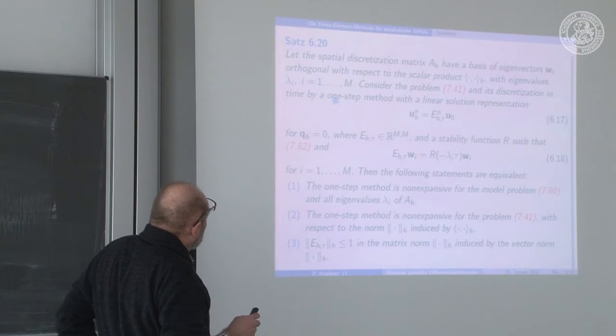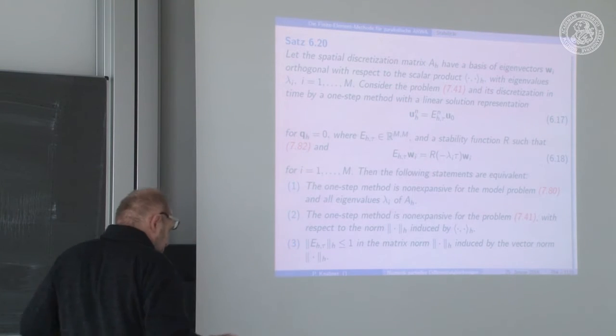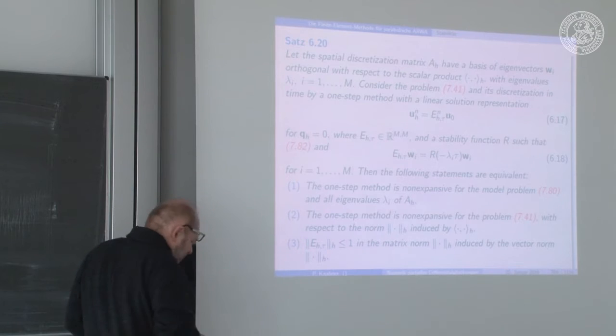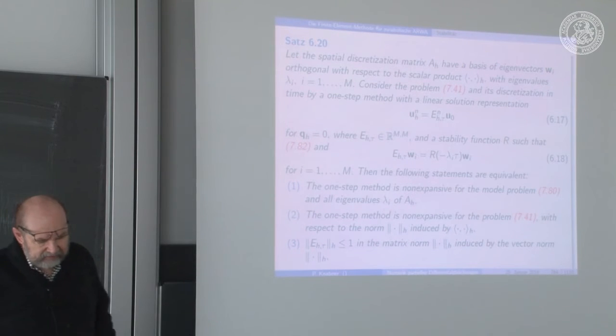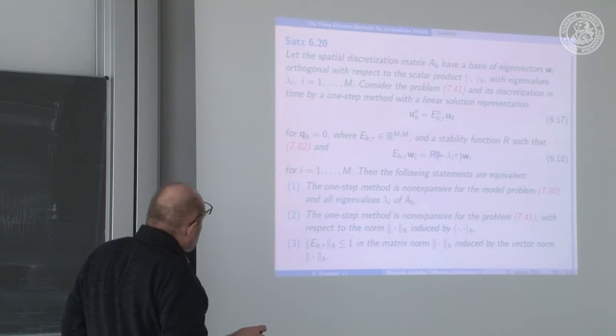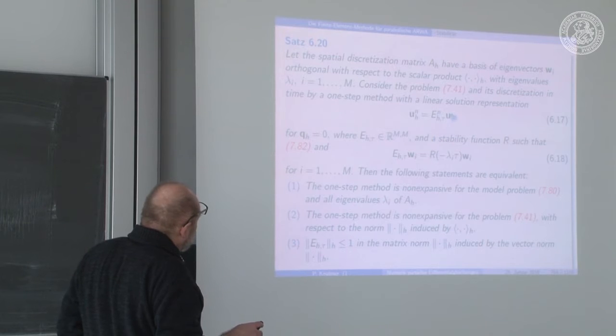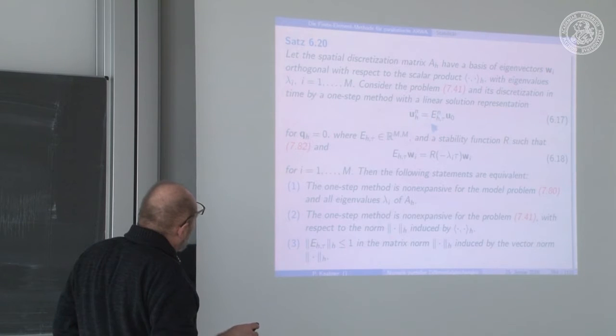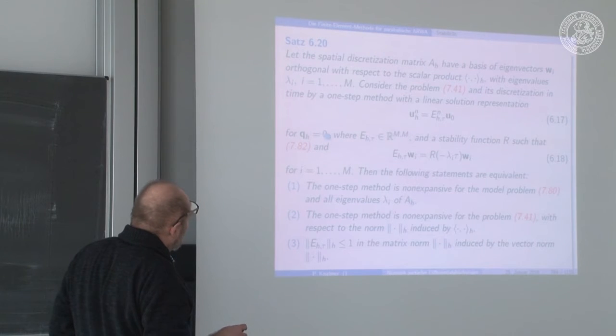The one-step theta method, as we have seen, can then be written as a linear stationary method for right-hand side 0, in the sense that there's a matrix, and in each step there's just multiplication with this matrix, if there's only initial data and the boundary data are 0.